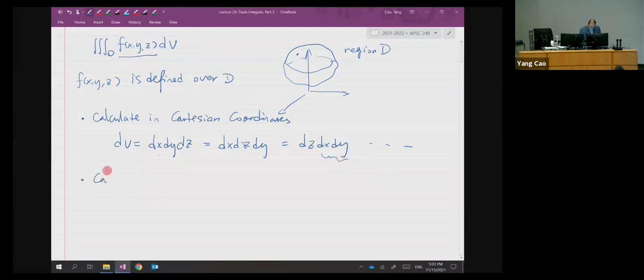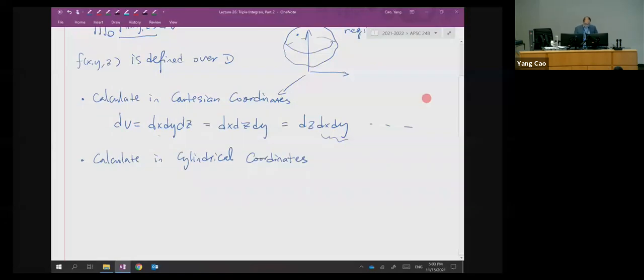And then we also looked at the so-called cylindrical coordinates. So this is where we're going to continue today. Cylindrical coordinates means you have a set of coordinates defined as r, theta, z.